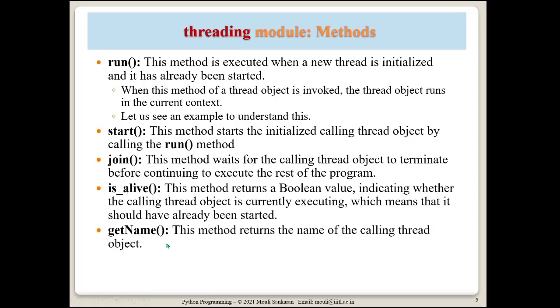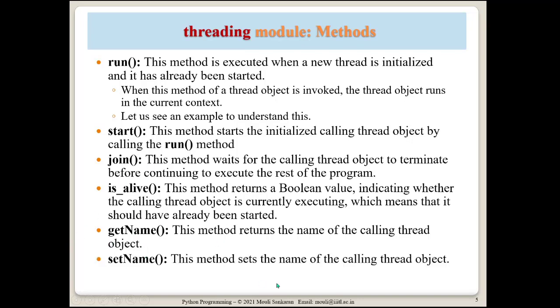Get name. When you call it with respect to a thread object, it gets you the name, which we already saw with the threading function, but you can also call it with respect to a thread object. Set name. You can also set the name of a thread. Though you set a name while creating the thread, you can also change it.